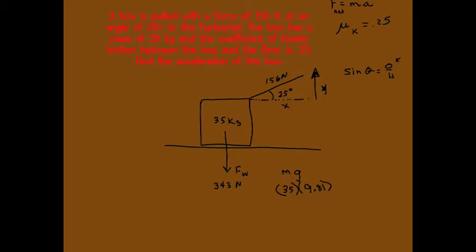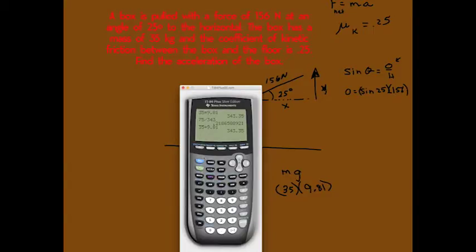So my opposite side, the vertical component of my force, is equal to the sine of 25 times 156. Remember to make sure that your calculator is set to degrees. It is not set to degrees, it is set to radians, so let me set it to degrees.